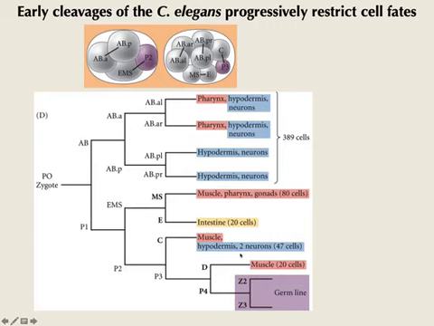And at some point, tissues become recognizable, be it morphologically or using molecular markers, so genes, proteins expressed specifically in neurons, in the pharynx, which is what the worm uses to eat, or the germline here. And this tree is invariant. So that's an amazing feature.